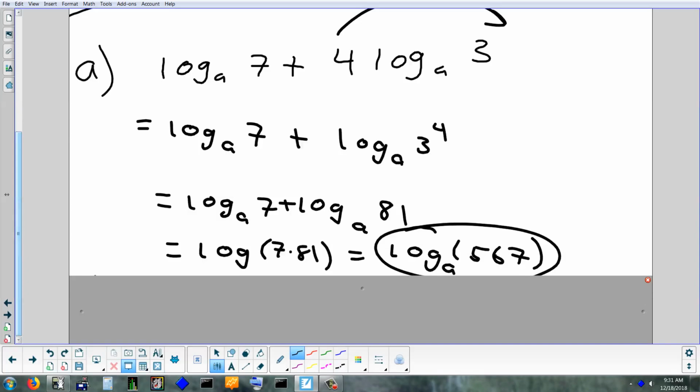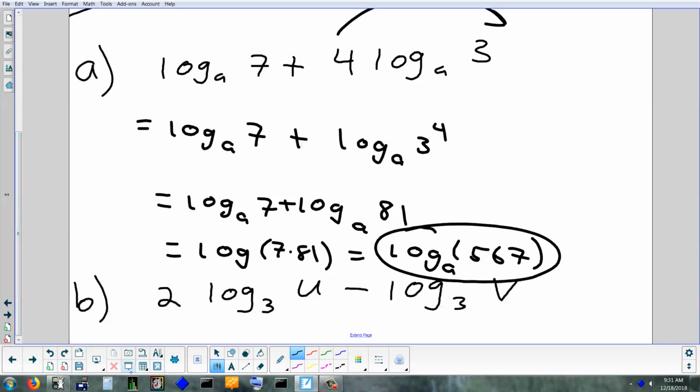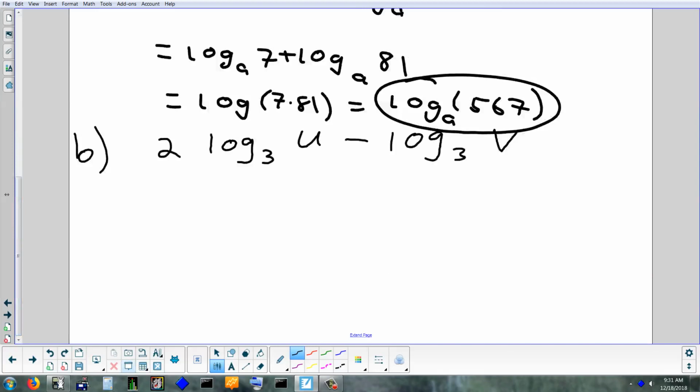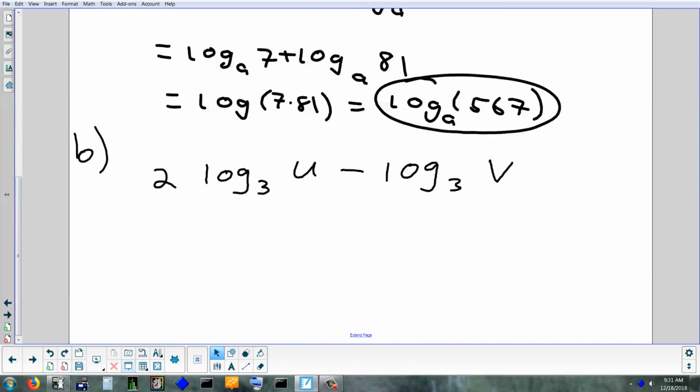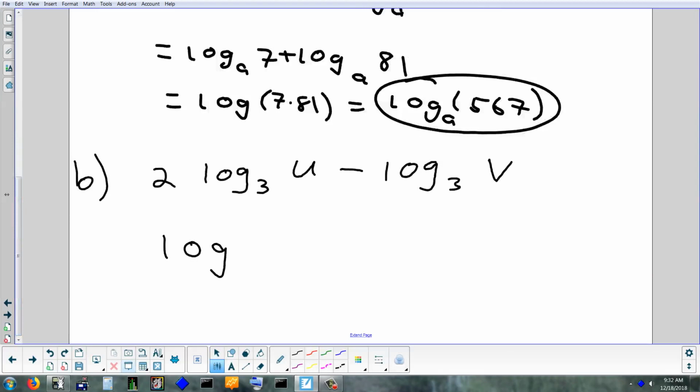All right. Let's try this one. Let's move it down. Let's see if we can do it all in one step instead of writing out like 3 steps all separate. So we're going to have one log. What's going to be the base? 3. That doesn't change.